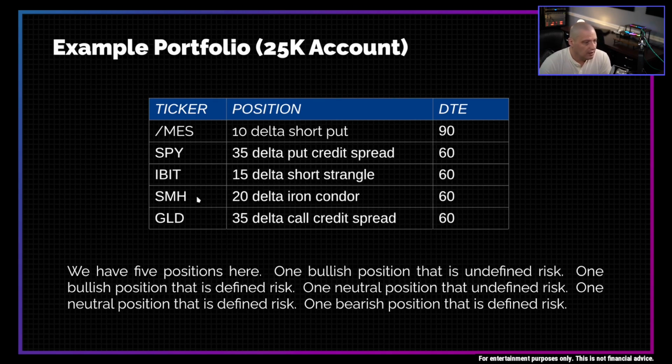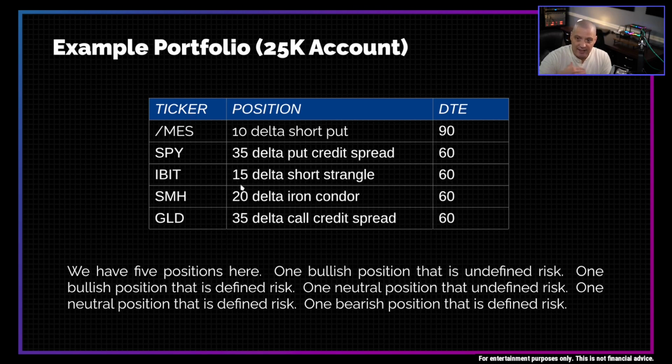The next position, I'm going to add a 20 delta iron condor at 60 DTE, and I'm going to do that in SMH, which is the semiconductor ETF. Now, semiconductors are very highly correlated to the S&P 500 because they're tech, and tech tends to drive the S&P 500 anyway. So I would not want to do a bullish position in SMH if I'm already bullish in SPY and MES.